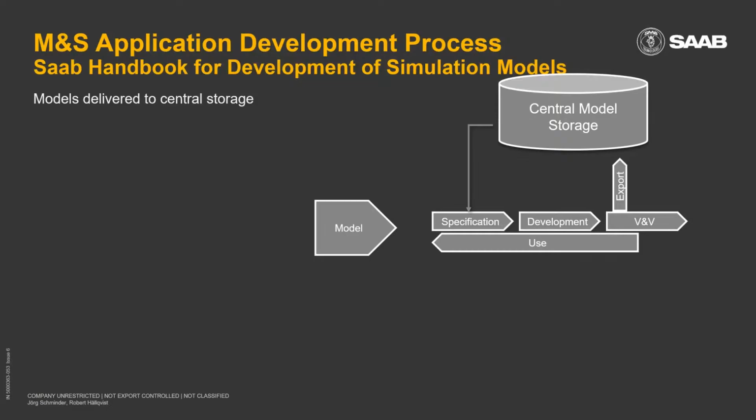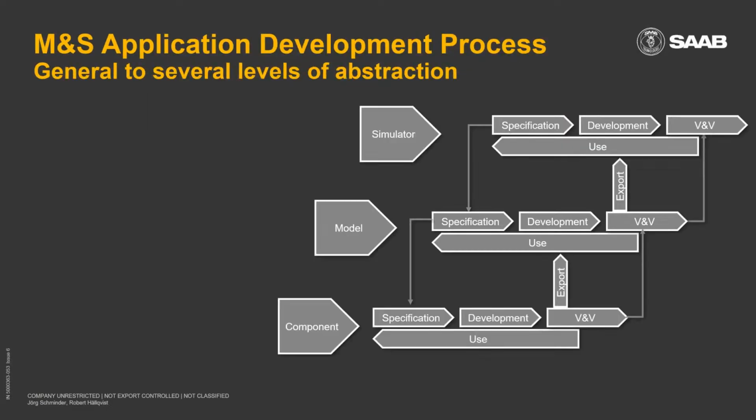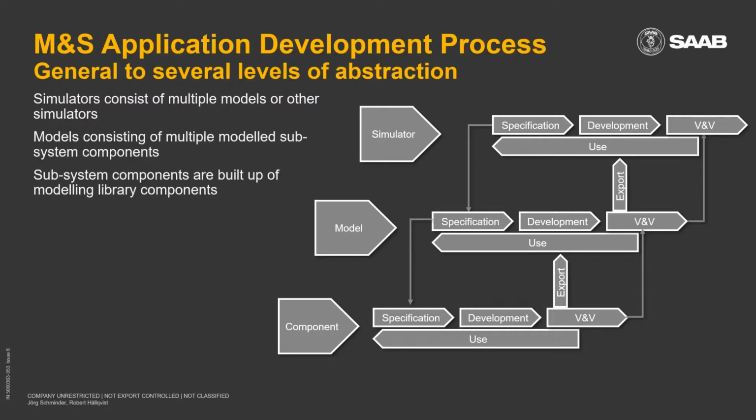Once in the central model storage, this model can be integrated in a simulator at whatever level. And in this very coarse way of describing the process, one could express the development of simulators in the same way as component models.